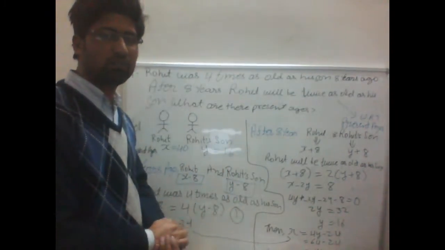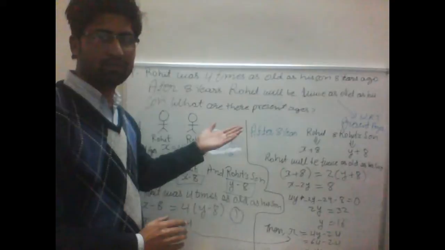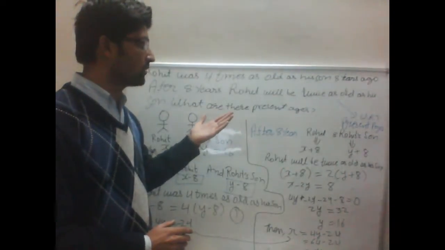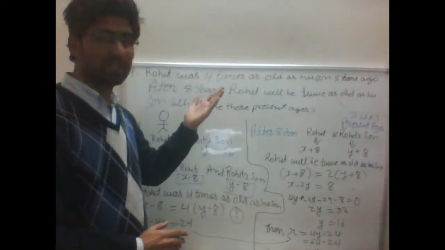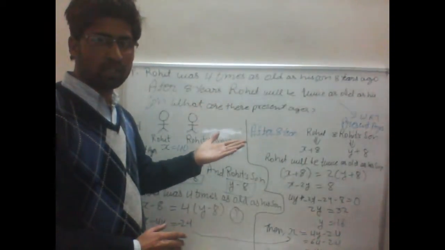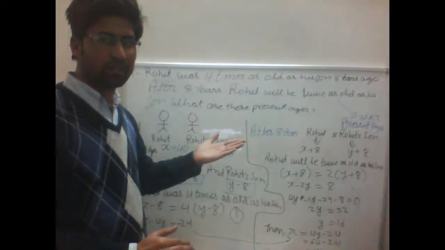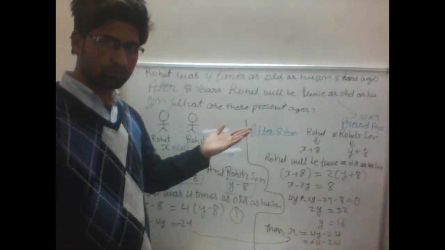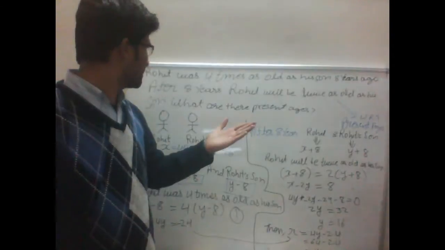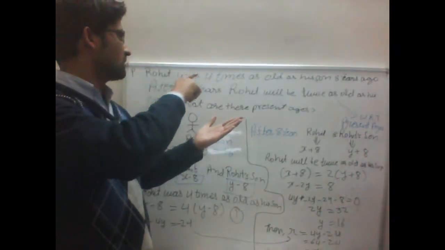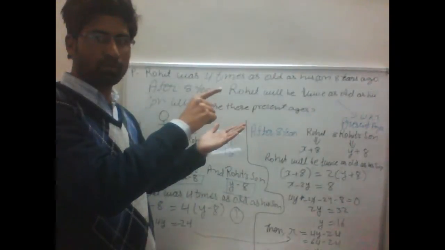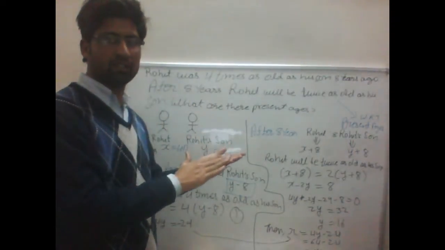So let me tell you one very clear thing which is hidden behind this information: we have to consider the present age. Then we have to send Rohit and his son 8 years ago. Rohit was 4 times as old as his son 8 years ago. Cool, they have come back.